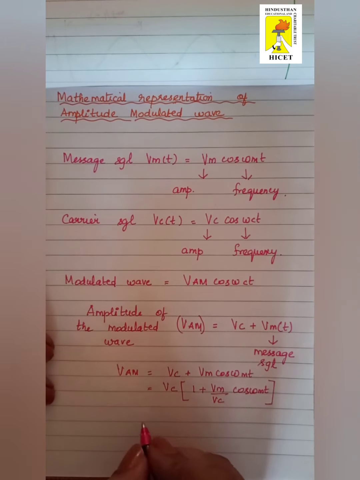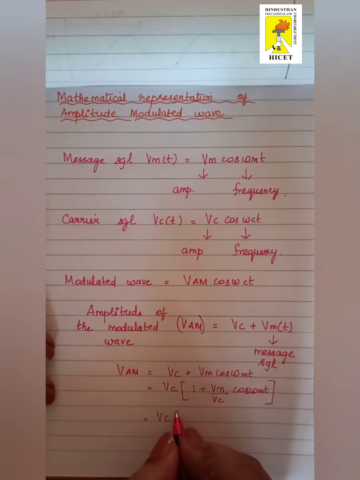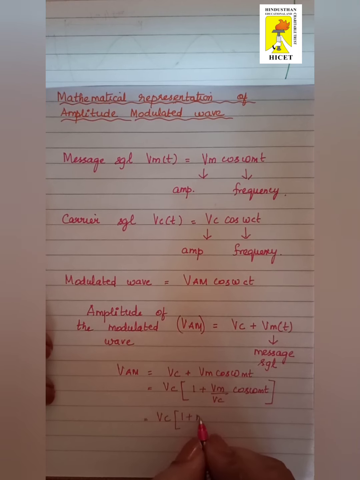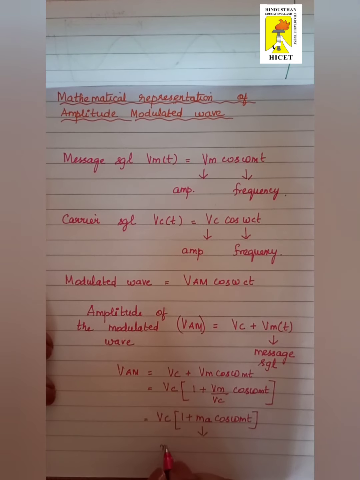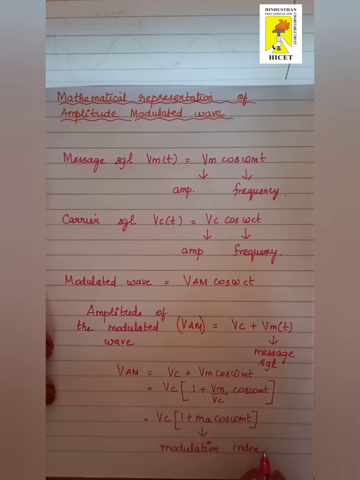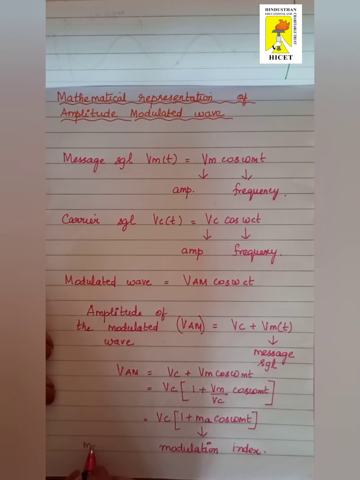So that we can write it as Vc into 1 plus Ma into cos omega m t, where Ma is called as the modulation index. That is Ma equal to Vm by Vc.